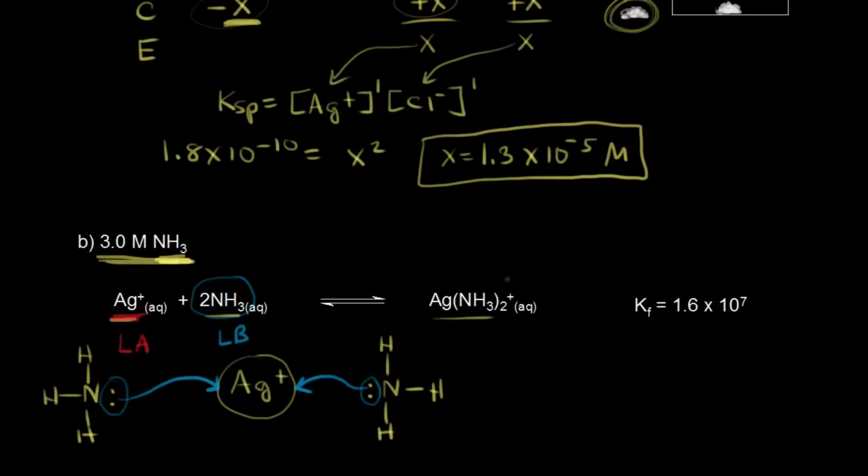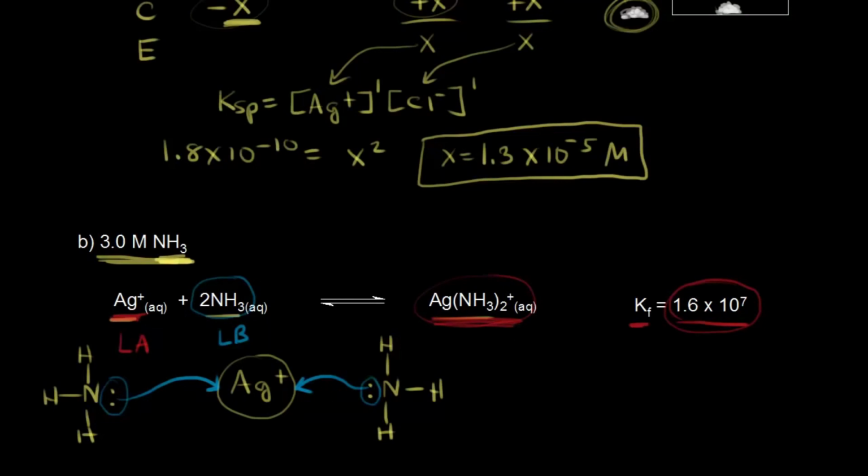So the formation of a complex ion is a Lewis acid-base reaction. And notice the equilibrium constant for this, 1.6 times 10 to the 7th. Kf is called the formation constant. This is a very high value for the equilibrium constant, so the equilibrium lies to the right, and this is a stable complex ion.